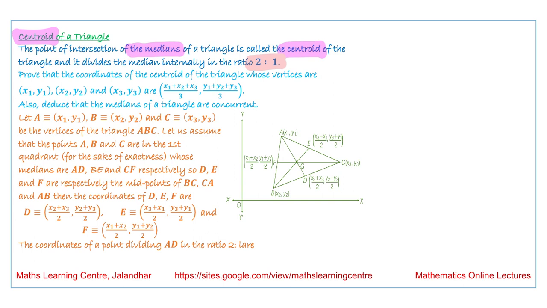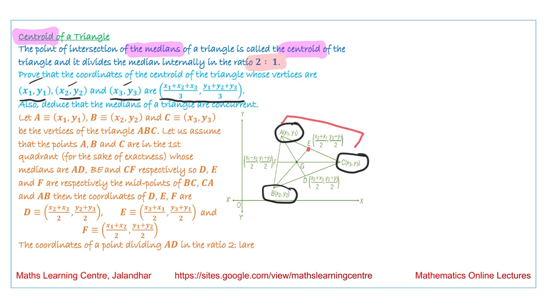So the first result we are going to prove is that if (x1, y1), (x2, y2) and (x3, y3) are the coordinates of the vertices of a triangle, then the coordinates of the centroid are (x1 + x2 + x3)/3 and (y1 + y2 + y3)/3.